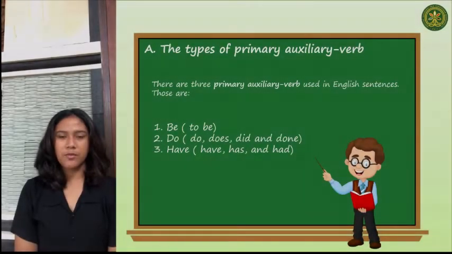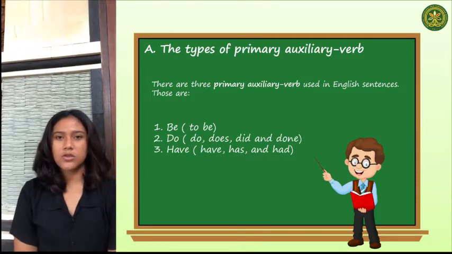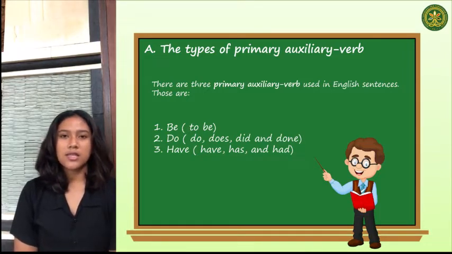A. The types of primary auxiliary verb. There are three primary auxiliary verbs used in English sentences. The first is be or to be, the second is do, or do, does, did, and don't, and the third is have, or have, has, and had.